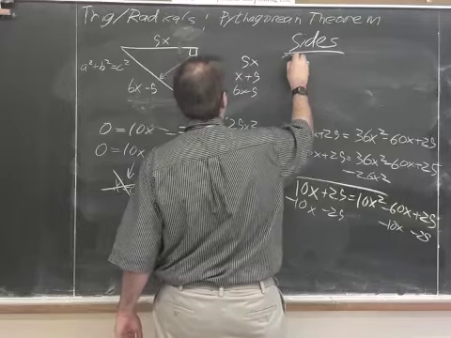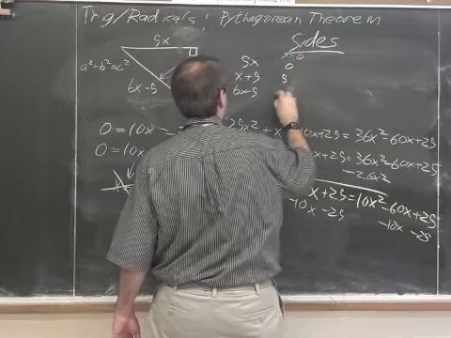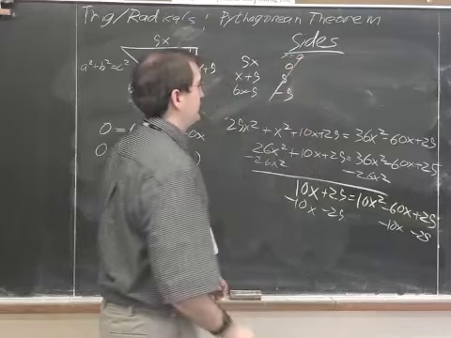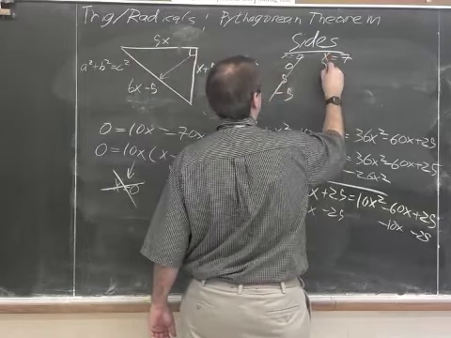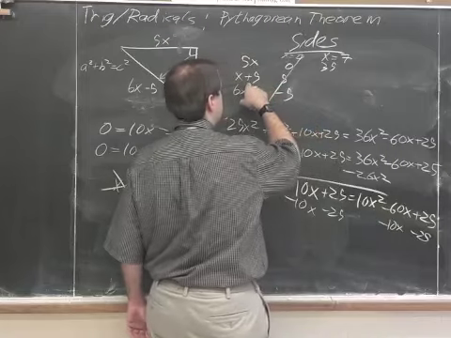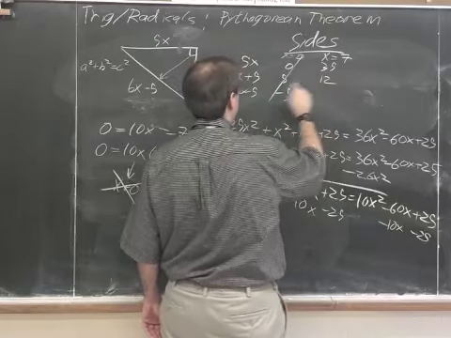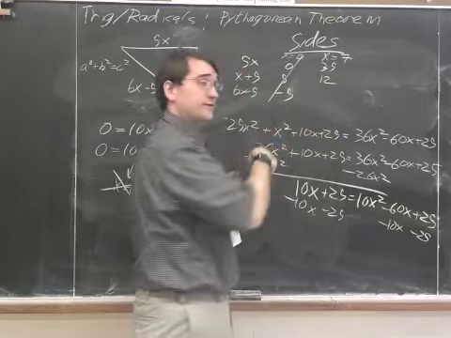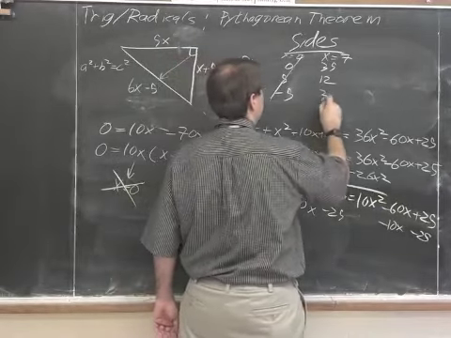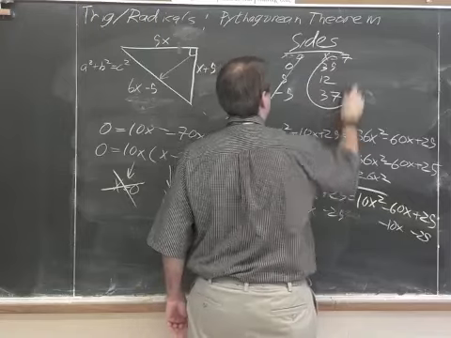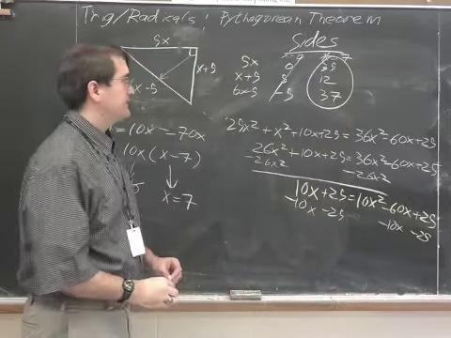And so when x equals 0, we've already noted that that doesn't actually work. So when x equals 7, I get 35, I get 7 plus 5 is 12, and I get 6 times 7 is 42, minus 5 is 37. And those are perfectly acceptable sides.